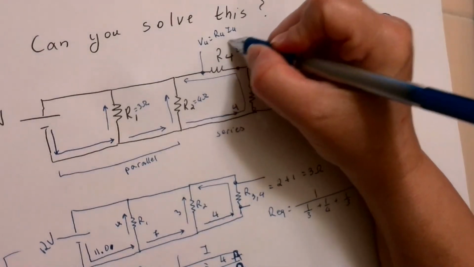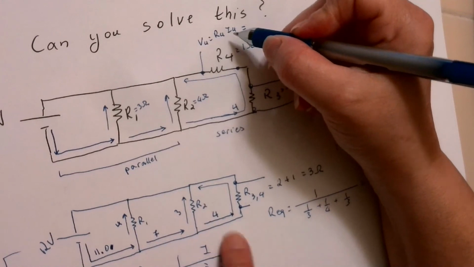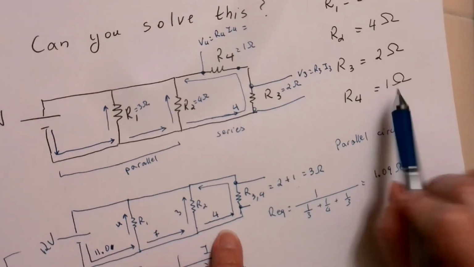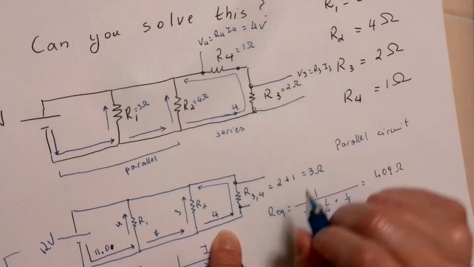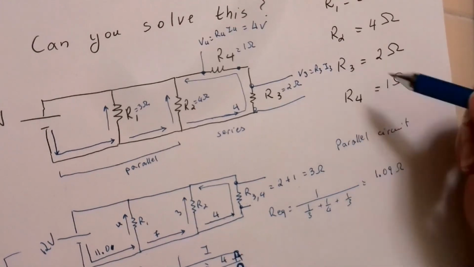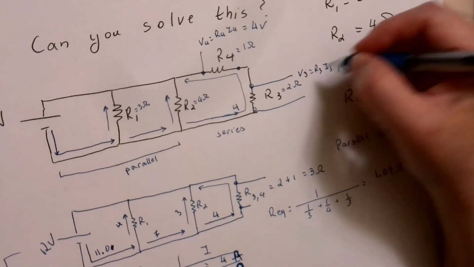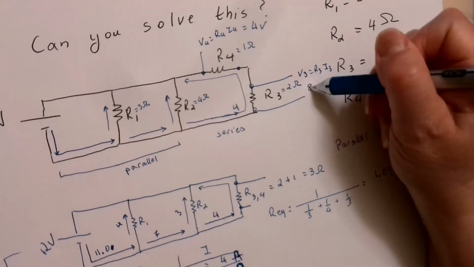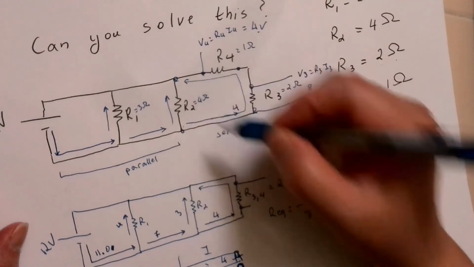So V4 will be R4, which is 1, times the current, which is 4. So this is 4 volts, okay? And V3: the ohms are 2 times 4 is 8. So this one will be 8 instead. Which 8 plus 4 is 12, which gives you the voltage here.